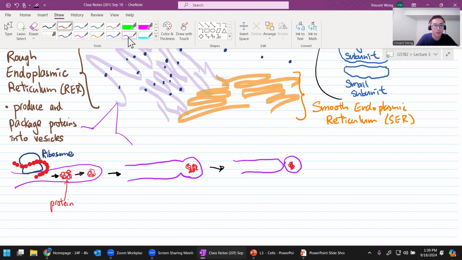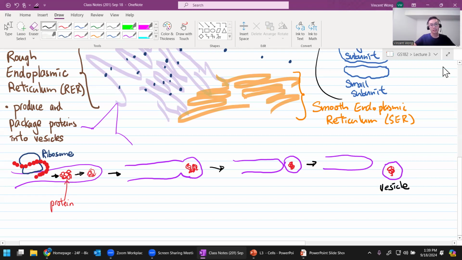Oops, wrong color. Ultimately, it will completely detach, and we have a vesicle with a protein in it. Okay. So this is what we call a vesicle. So again, you make the protein move towards the edge, and then it breaks off.